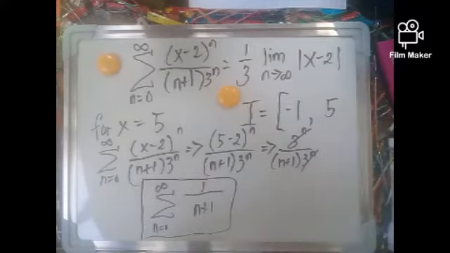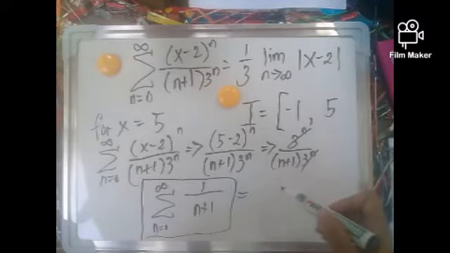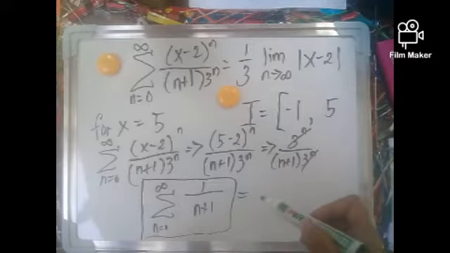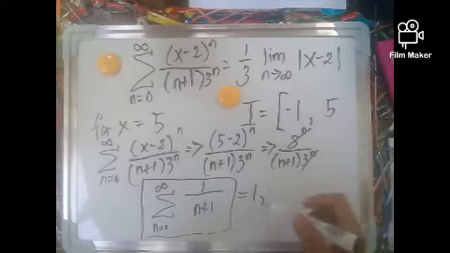And 1 over n plus 1 will diverge. Why? Because the following infinite values of this series would be: plug in 0, we have 1. If we have 1 here, 1 plus 1 is 2, so 1/2.